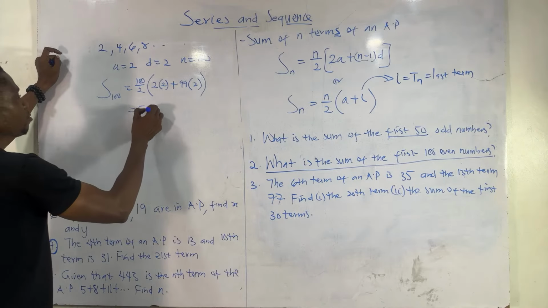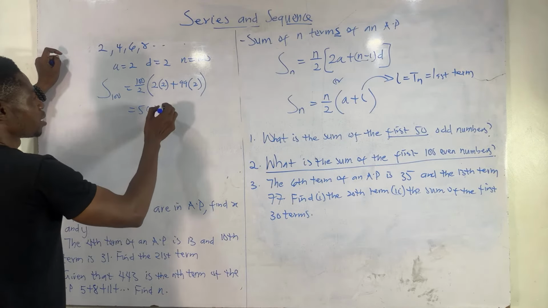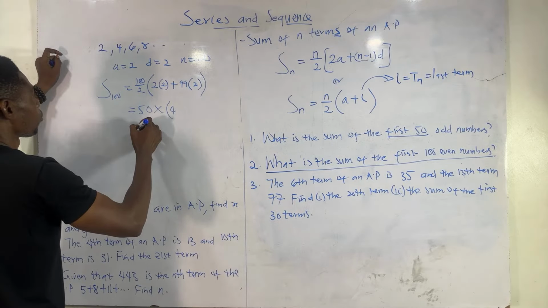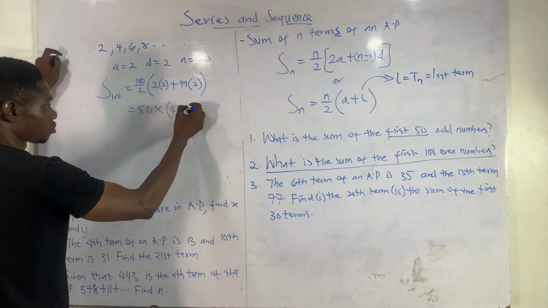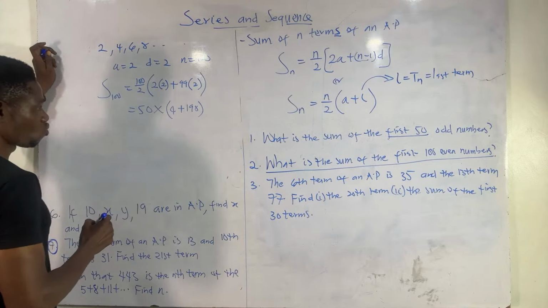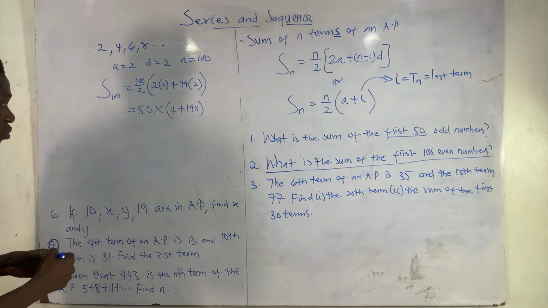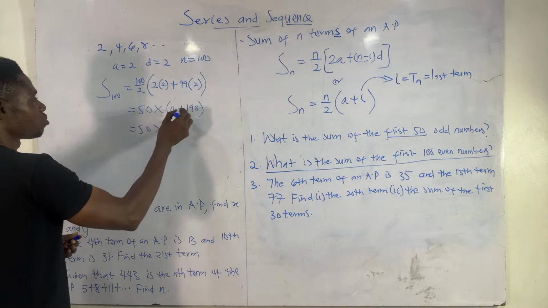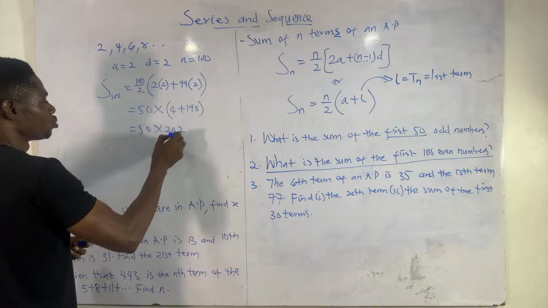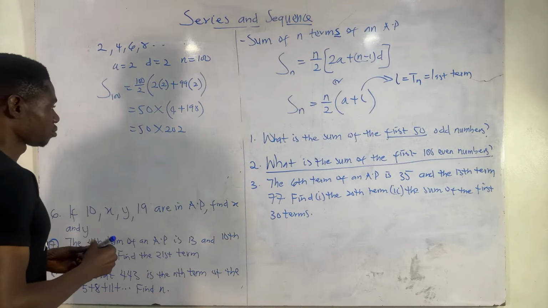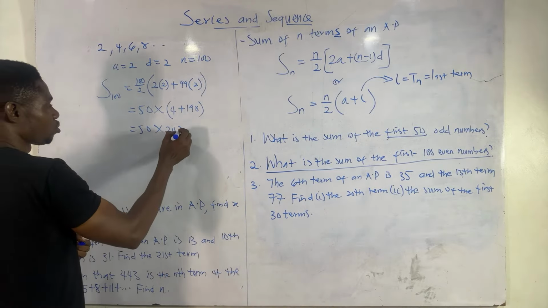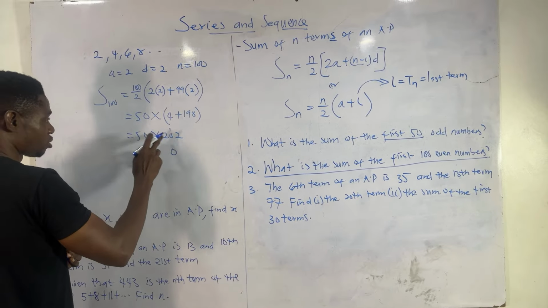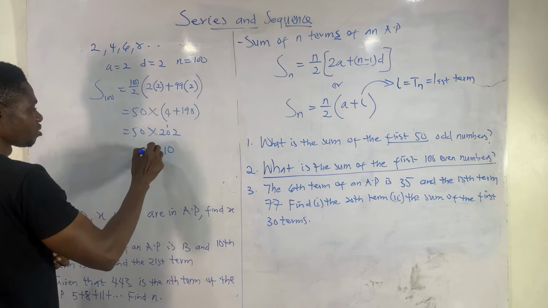So we'll have 50 multiplied by 4 plus 198, so 50 multiplied by 202. So 2 times 5 is 10, 0 carry 1, 5 times 0 is 0, plus 1 is 1.